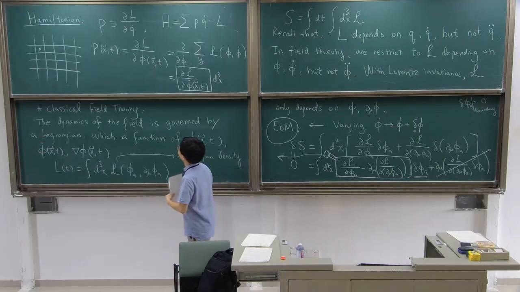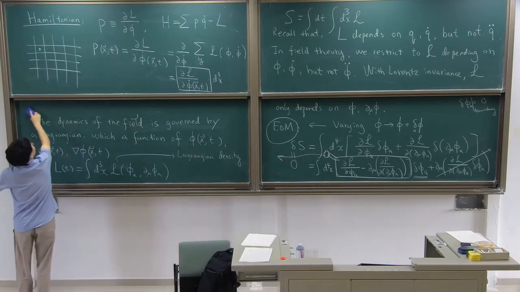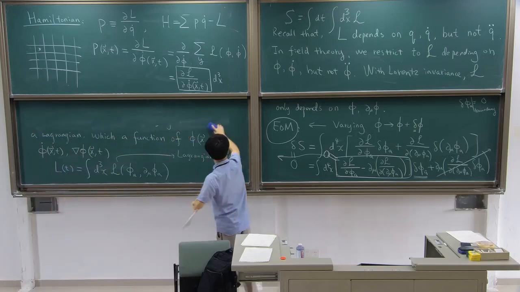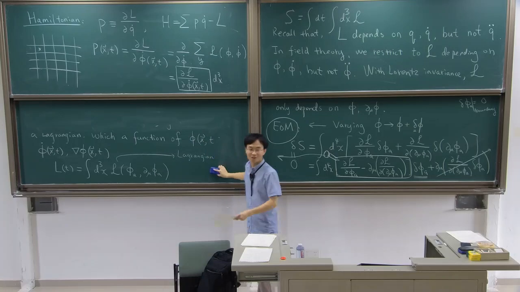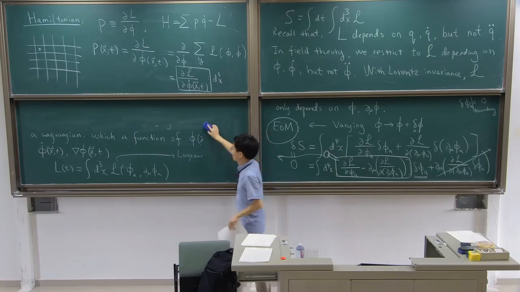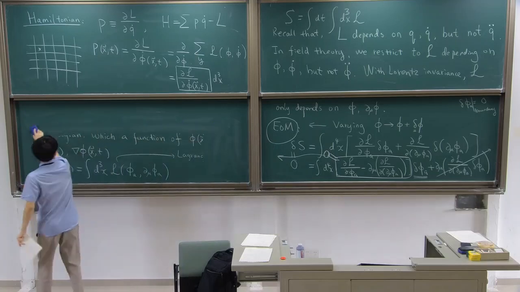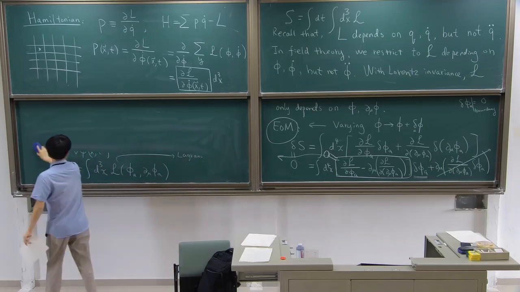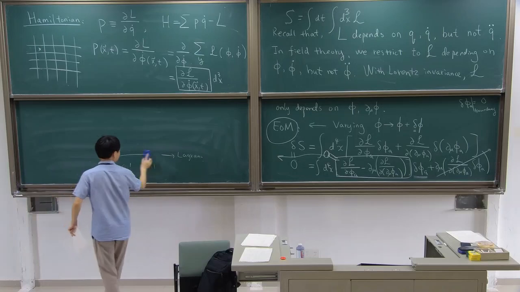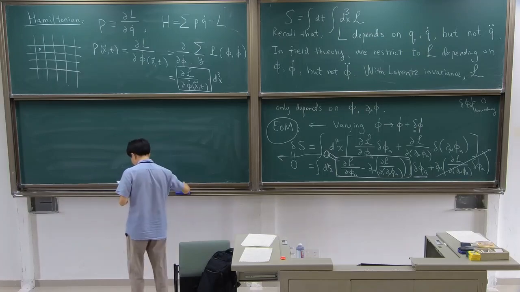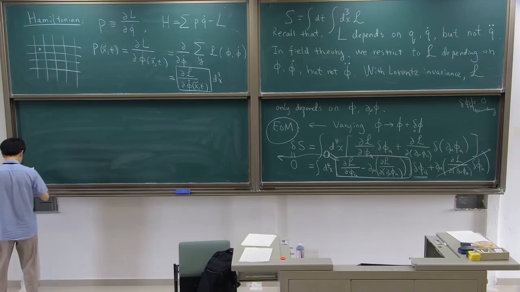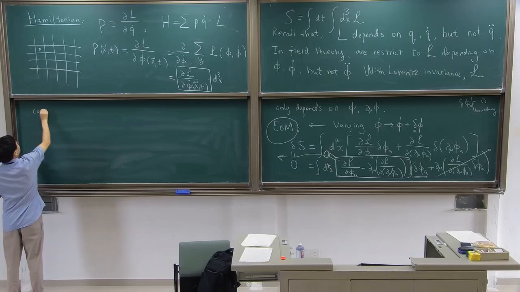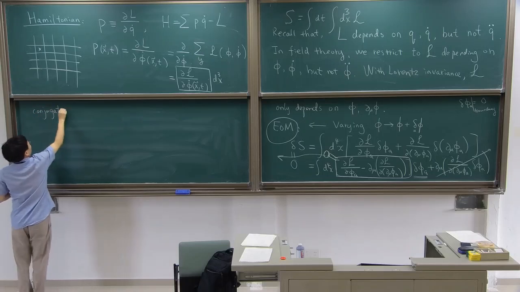After you divide by the small volume, you can take the continuum limit. The notion of the momentum density is still true. So there's a good notion of the conjugate momentum, the definition of the conjugate variable.